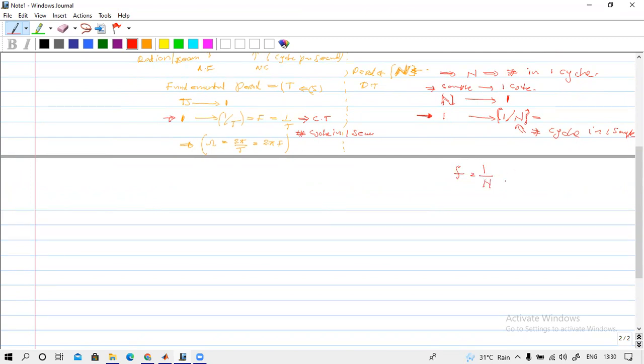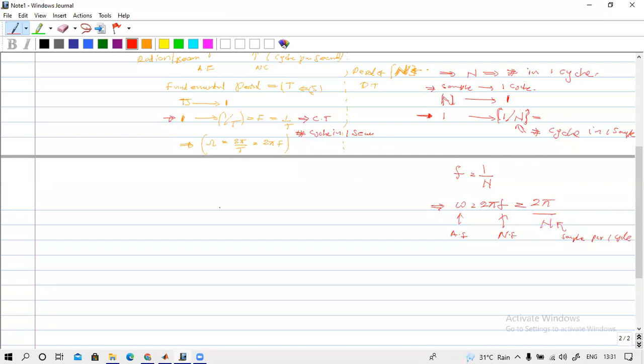Also you can write omega is equal to 2πf, so you can write it as 2π by capital N. This is the relationship between omega, angular frequency, and normal frequency, and N, samples per one cycle.